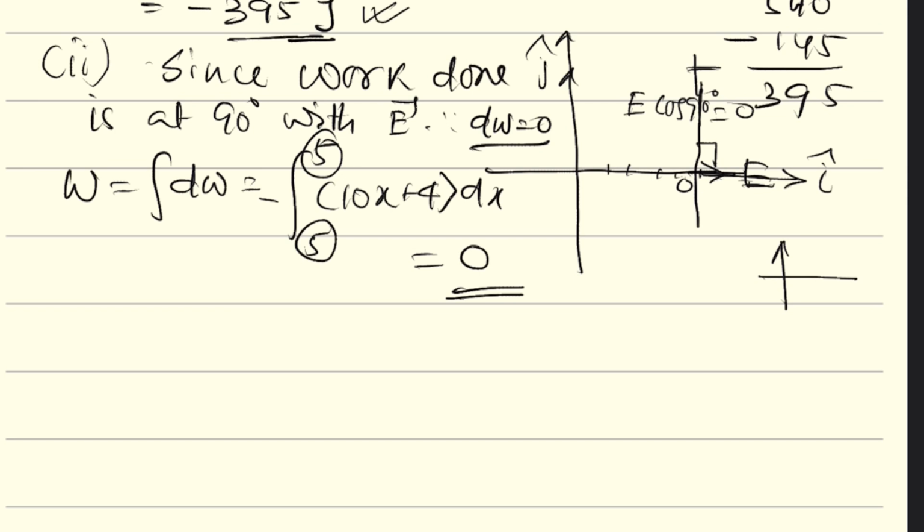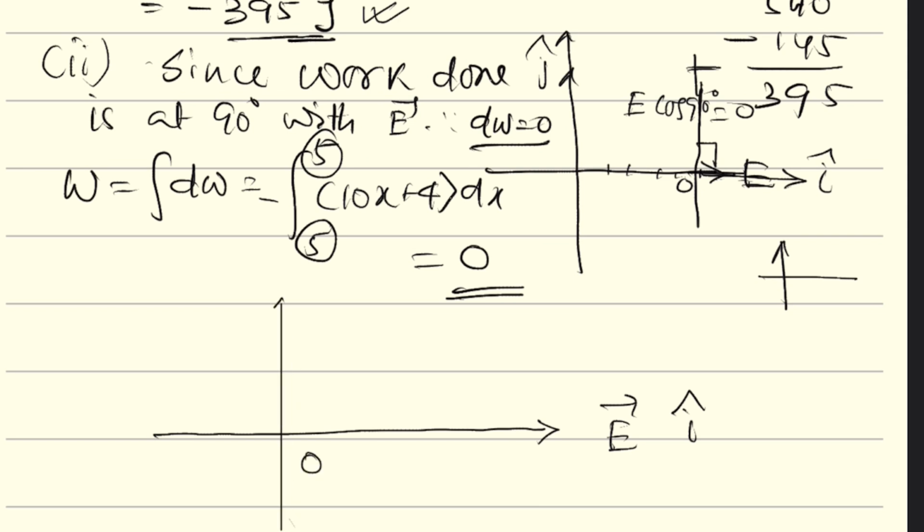Now the second part of the question, here (5,0) to (5,10) we have to shift. Okay. So let us imagine this is the direction of intensity, which is along the direction of x, and we are moving in the y-axis. So this intensity has no impact here.